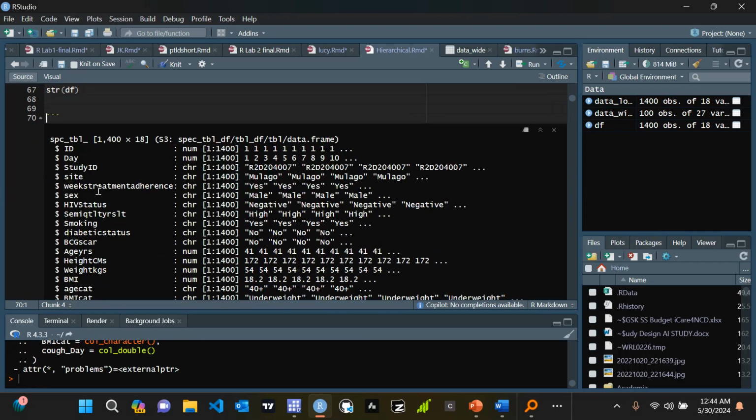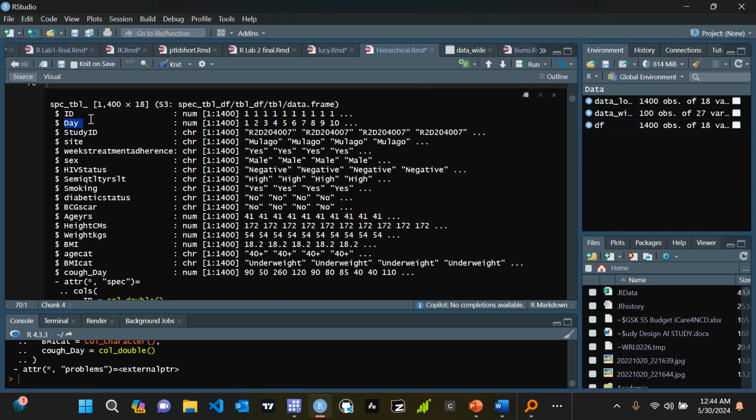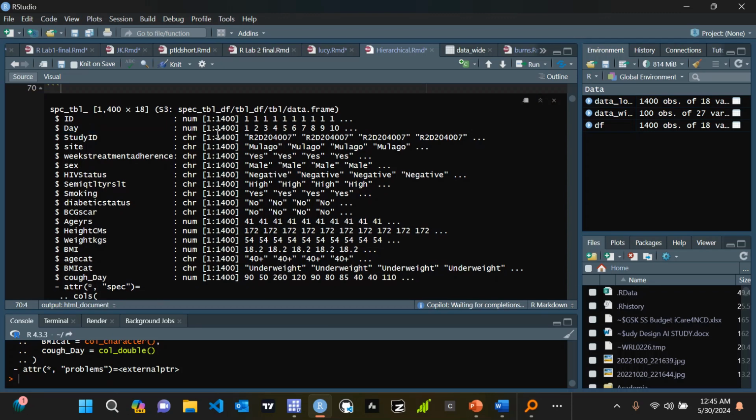So if we look at the structure of our data, we see that ID is numerical, yet in this study we consider each individual as their own control, because data is taken throughout 14 days on the same individual. So this individual becomes their own control. So it has to be categorical. The number of days, 1 to 14, has to be, we shall see when to be categorical and when to be numerical.